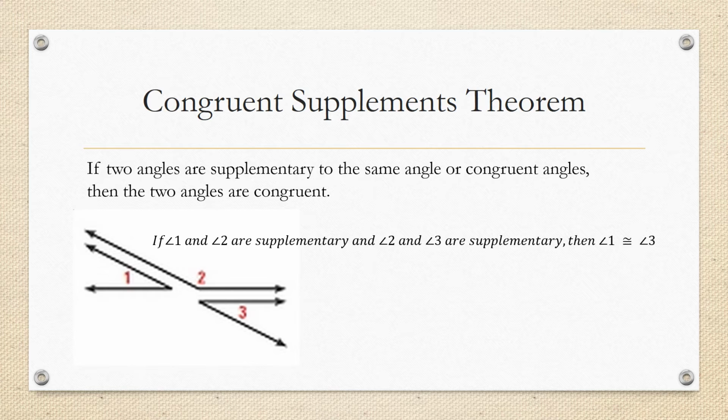It would be like if I said angle 1 is 70 degrees, angle 2 then has to be 110 because they're supplementary. Well, if angle 2 and 3 are supplementary, and angle 2 is 110, then angle 3 has to be 70 to equal 180. So they're both 70, angle 1 and 3. Remember, you can always pause if you need to.